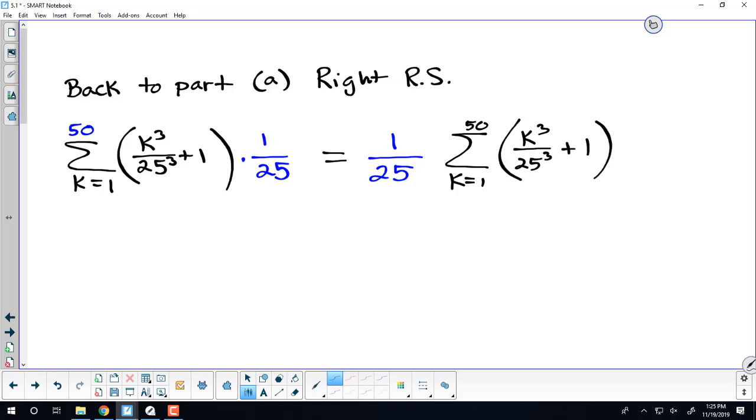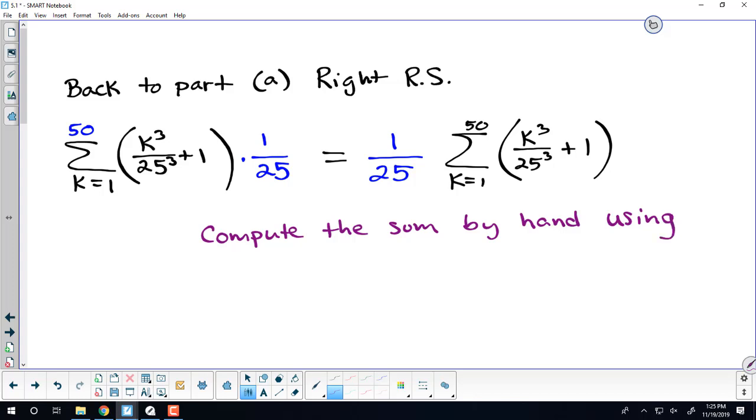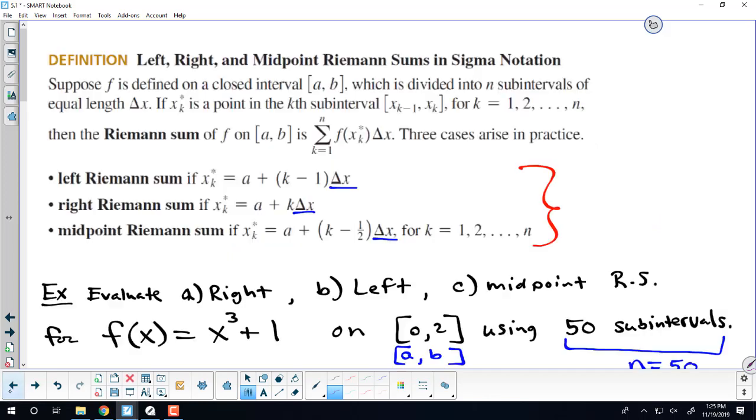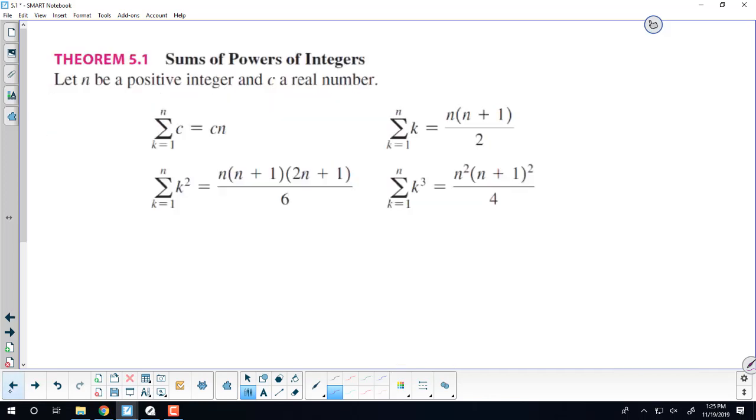So we just threw that into a calculator, but we can compute this by hand, using the summation theorem on the 2 pages back, Theorem 5.1.